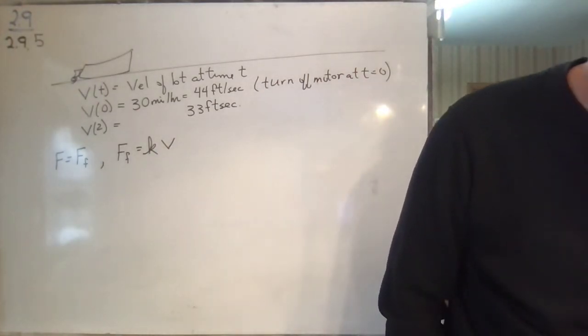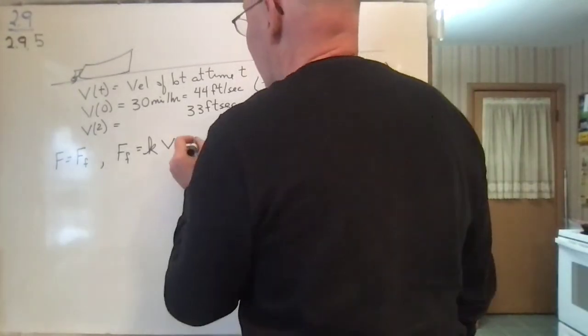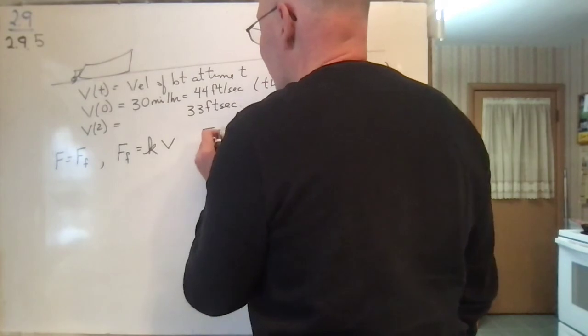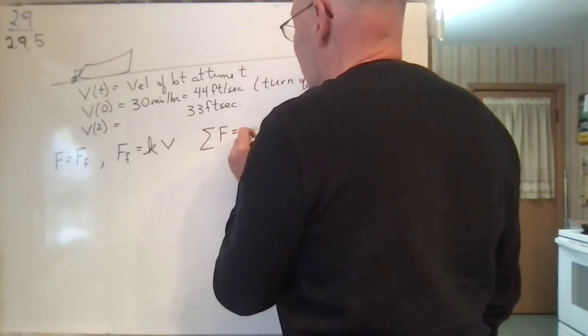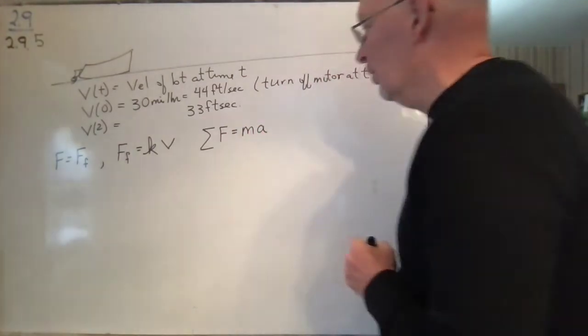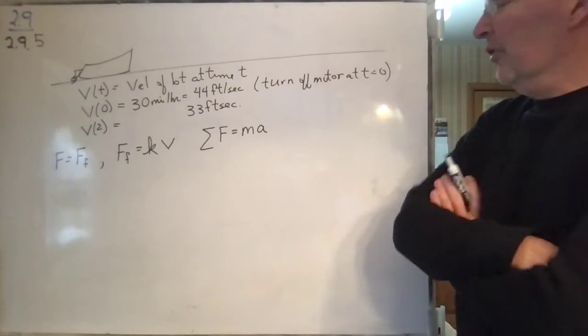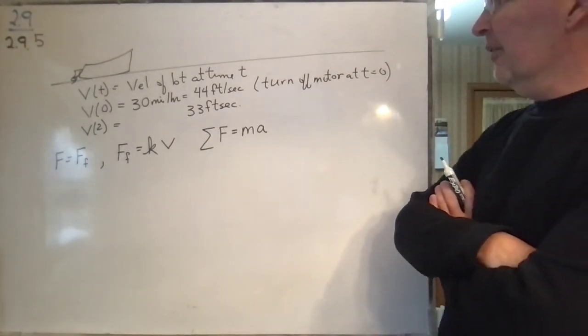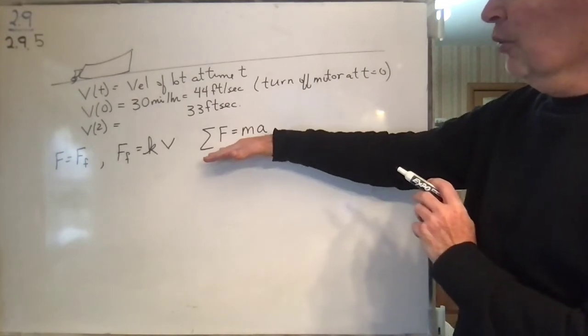The third one: Newton's second law holds. Newton's second law is that the sum of all the forces acting together is going to be the thing that accelerates or decelerates. Decelerates is just a negative acceleration. So it is going to be the thing that decelerates the boat. Okay, that holds for sure.